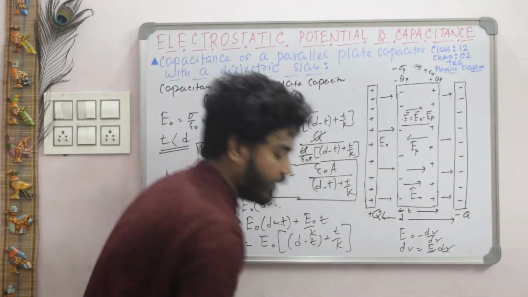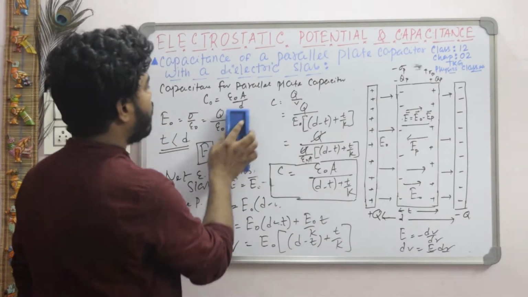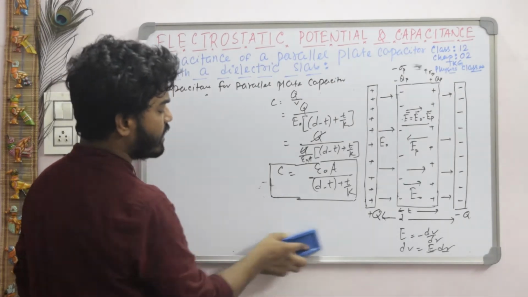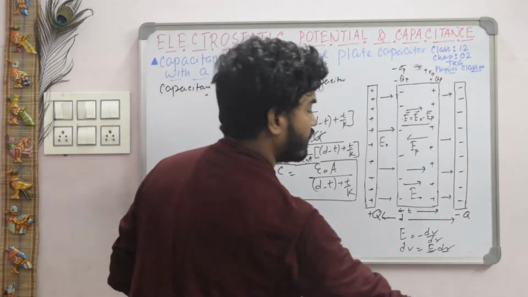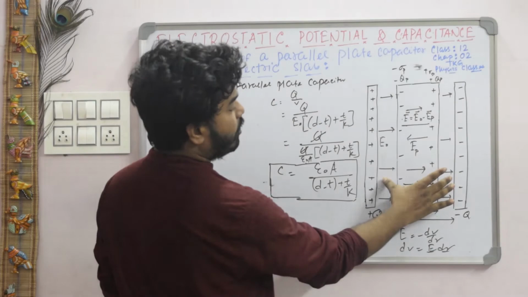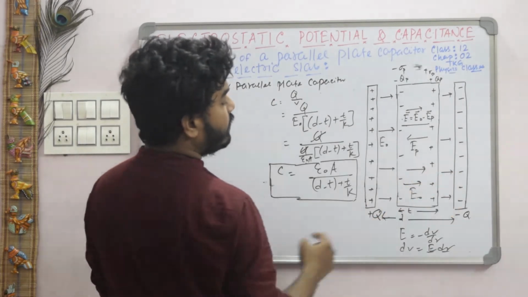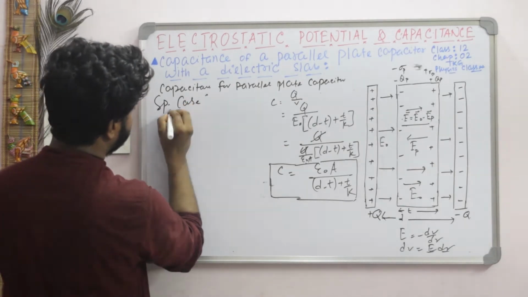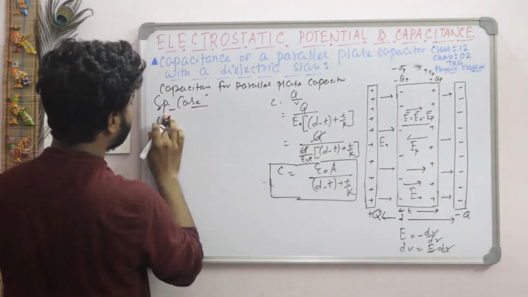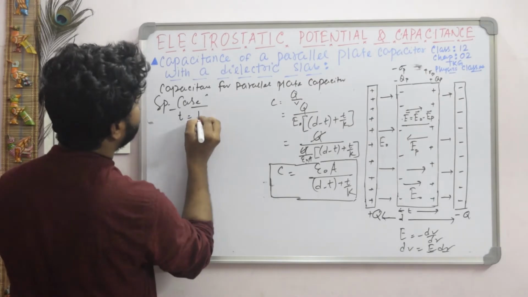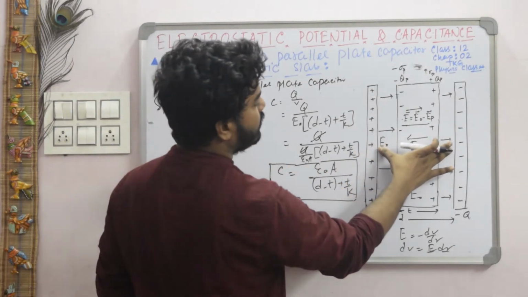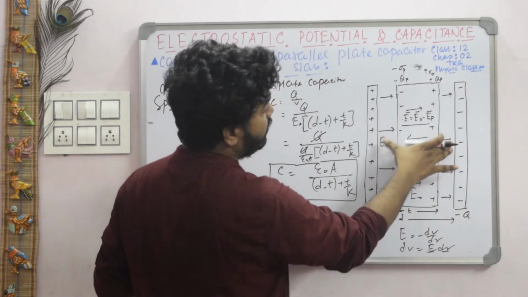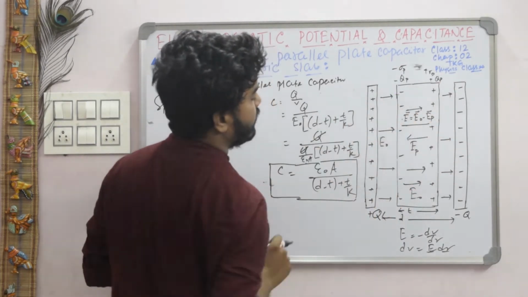Now, suppose we consider a special condition, that is we consider a dielectric slab placed inside the total region, a dielectric slab of thickness T is equal to d. That means in the total gap between the two plates of the parallel plate capacitor, the dielectric slab is placed.